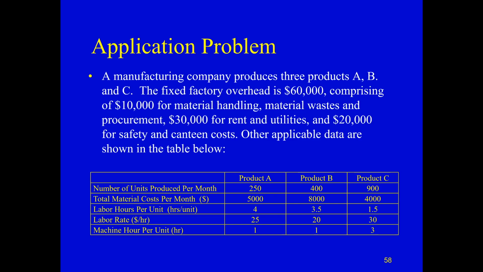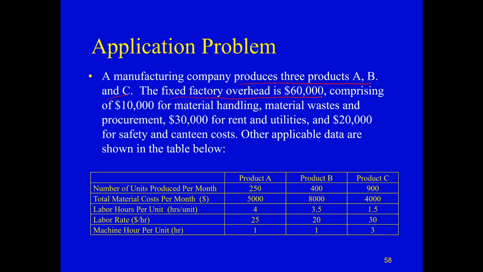Now we will see an example. There's an application problem. A manufacturing company produces 3 products, A, B, and C. Okay, product A, product B, and product C. The fixed factory overhead is $60,000.